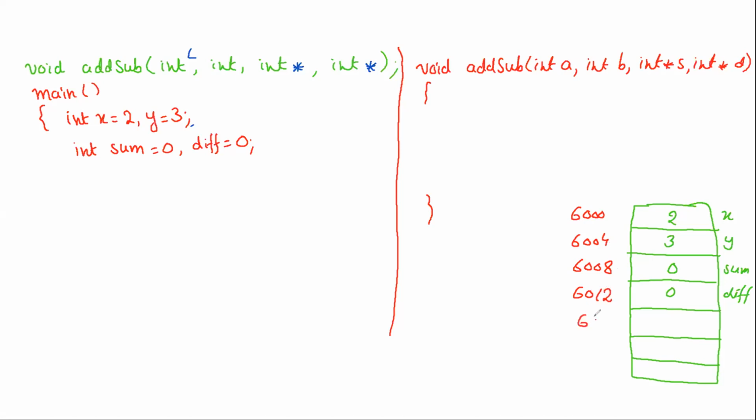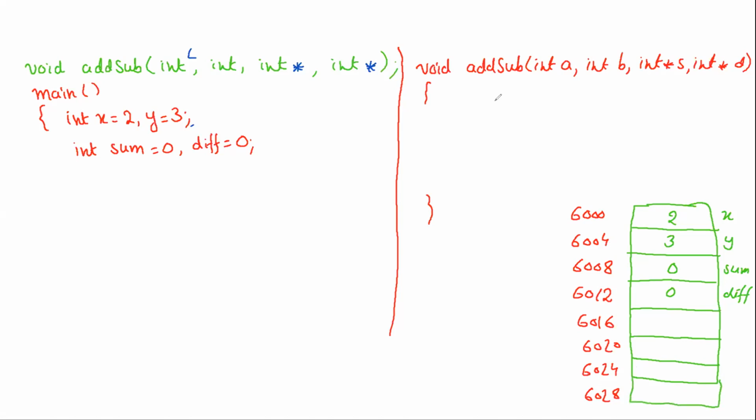And then let's call it 6012, 6016, 6020. Maybe I don't have space here, so let me do 6024, and let me make one more, 6028. Let's draw one more chunk because we'll need four more variables.